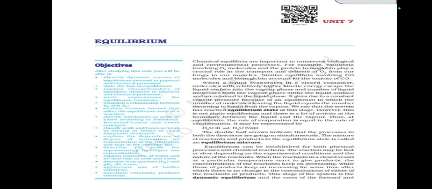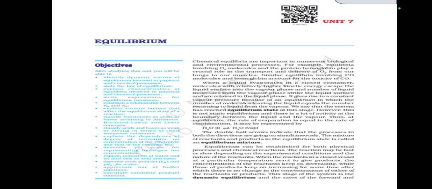The mixture of reactants and products in the equilibrium state is called the equilibrium mixture. Equilibrium can be established for both physical processes and chemical reactions. The reaction may be fast or slow depending on the experimental conditions and the nature of the reactants.